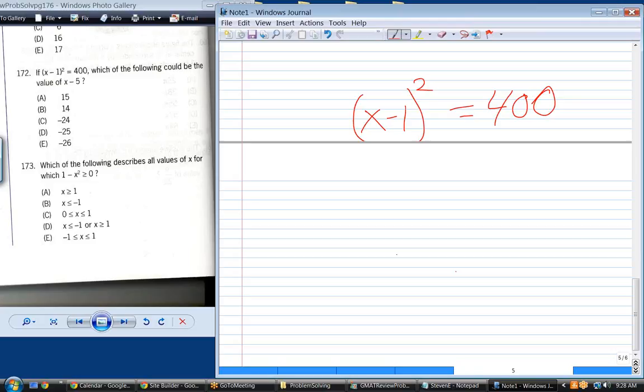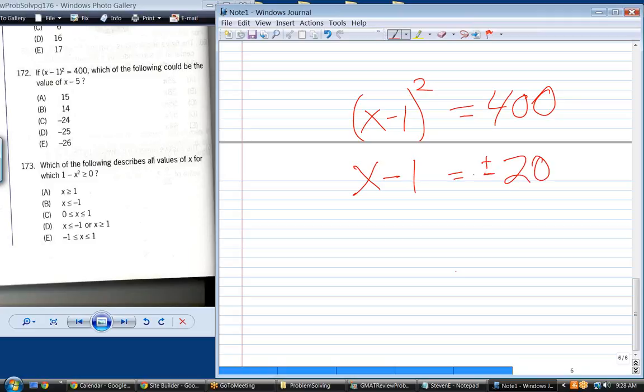Yeah, take the square root of it. Okay, so notice if I take the square root of the left side, I'm left with that. What's the square root of 400? 20. Okay, it's actually plus or minus 20.